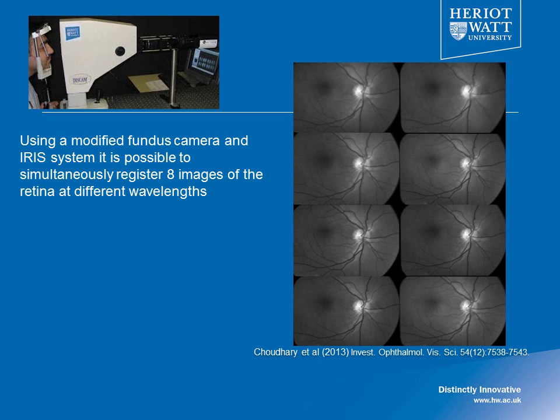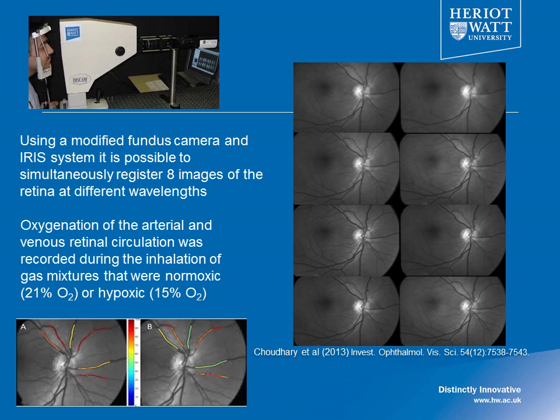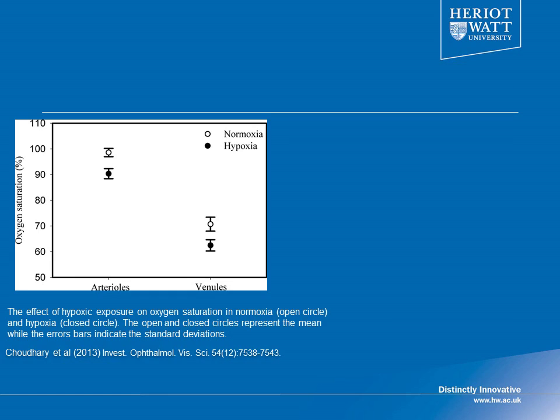With Tusha Chowdhury, we used a modified fundus camera and the iris system to co-register 8 images of the retina at different wavelengths. And what we did here was look at oxygen saturation under normoxic and hypoxic conditions and measured those in both the arterial and venous circulation.